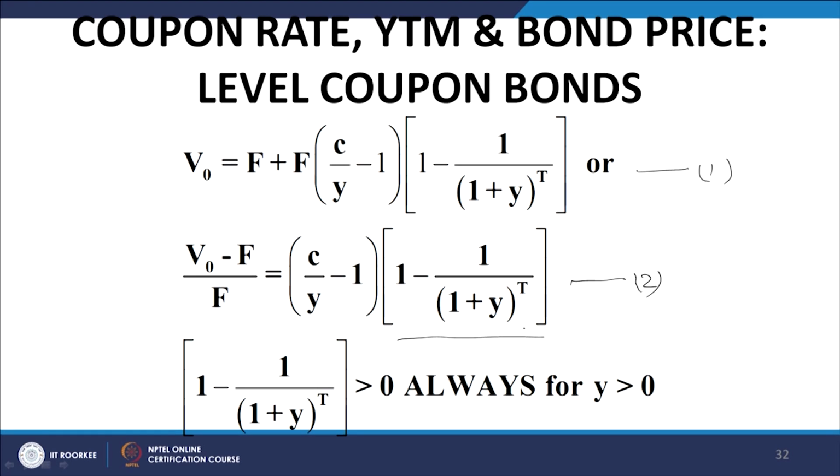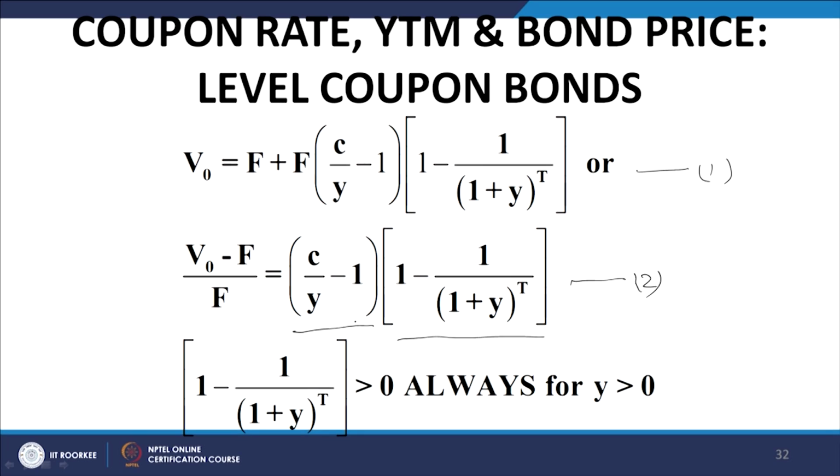That means the sign of the left hand side will be determined by whether the first factor, that is c upon y minus 1, is positive or negative. If c upon y minus 1 is positive, the left hand side will be positive, and if it is negative, the left hand side will be negative.